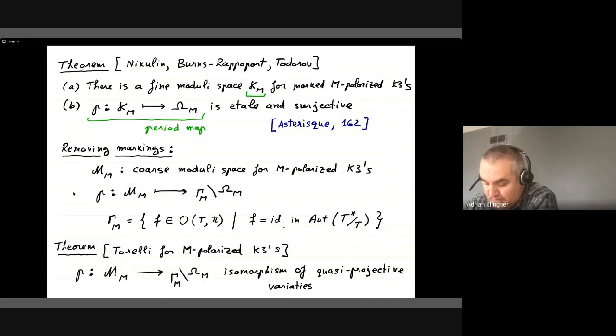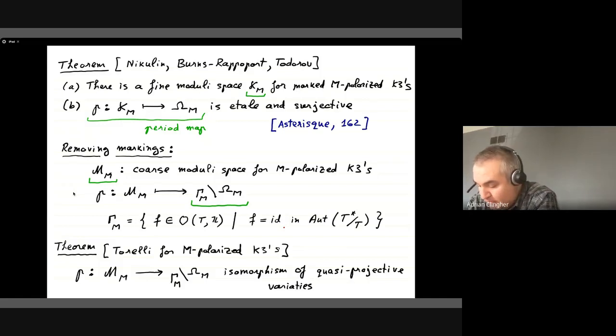So let's suppose that I denote this coarse moduli space for M-polarized K3 surfaces by script M with the index capital M. Then we are going to have a period map that goes from the moduli space into a quotient of the period domain.